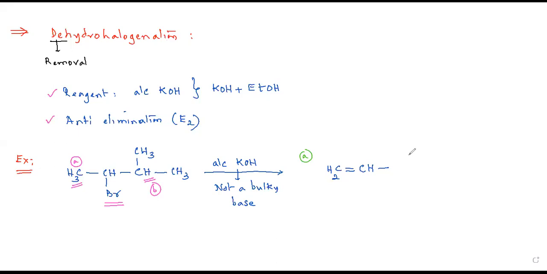CH2 double bond CH, then CH, CH3, CH3. This is of course the Hofmann product, as you can see, minor.